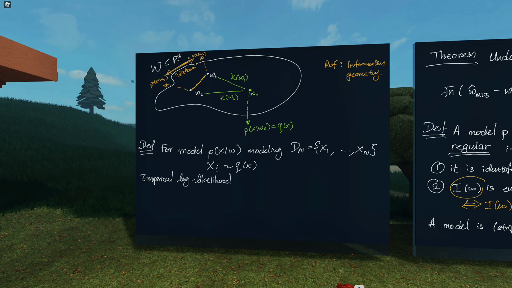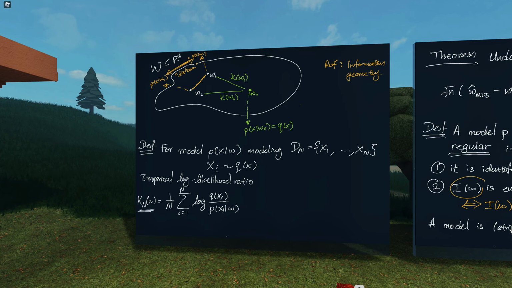Well, not quite log likelihood, because we have that already, it is the log likelihood ratio, which is the ratio between the truth, Q, and the model at W, and we're taking the average of that over the data set. So this is called the empirical log likelihood ratio.